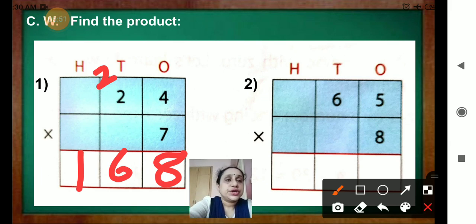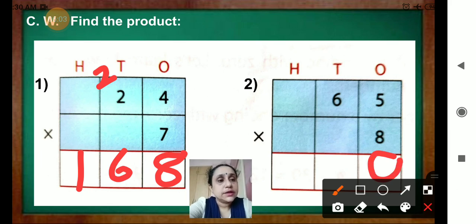Now question 2, 65 multiplied by 8. Yes, 5 eights or 8 fives are how much? Yes, 40. So what will you write? 0. And 4 will be carried over here.